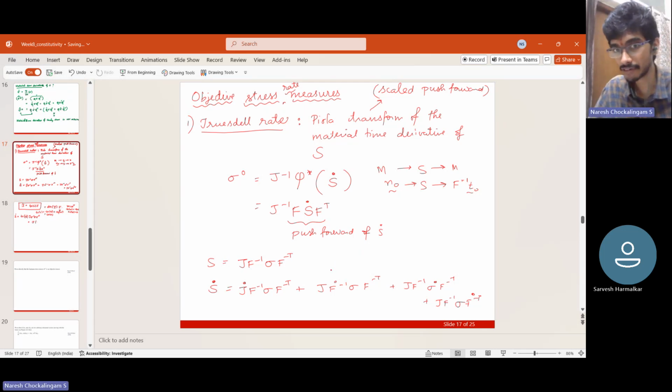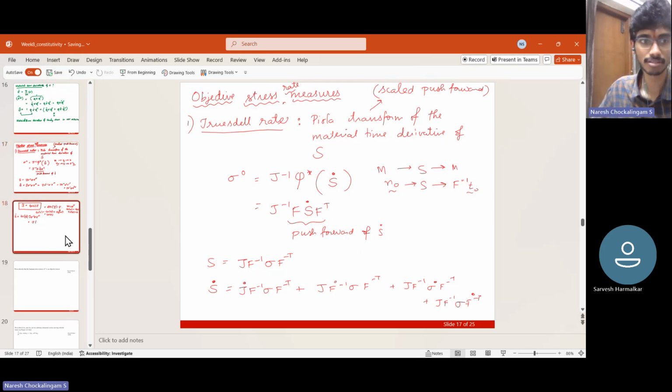Yeah, we have an F dot, F inverse dot. So what is F inverse dot? Let's do that. What is F inverse dot?